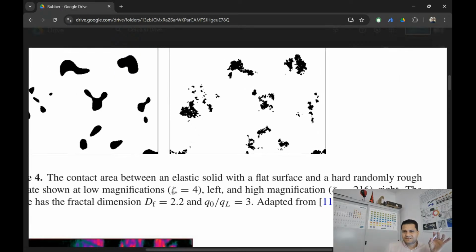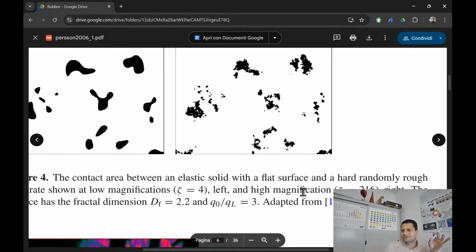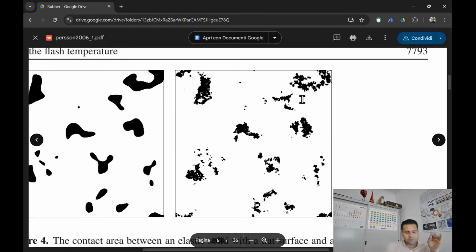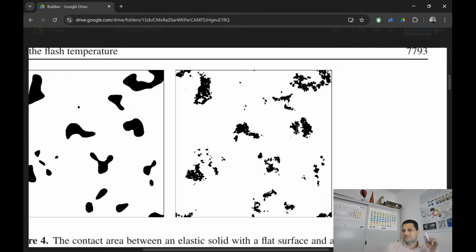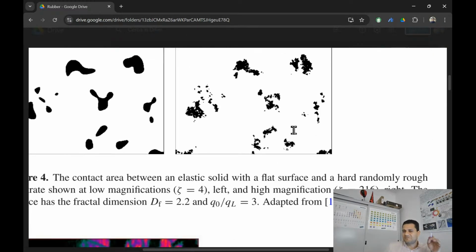On the left, zeta equal 4, and then on the other side, zeta equal 2016. So these are the effects of the magnification, but not only, we are really seeing the real contact area.